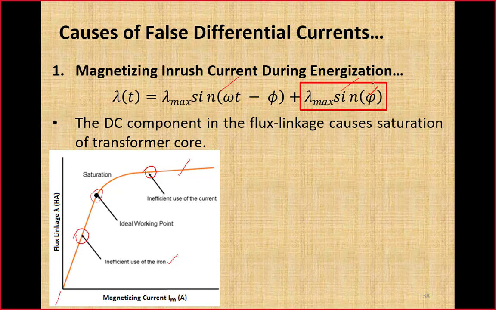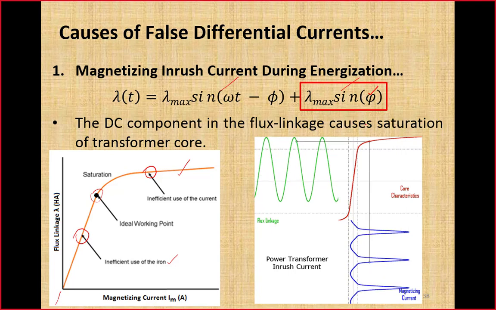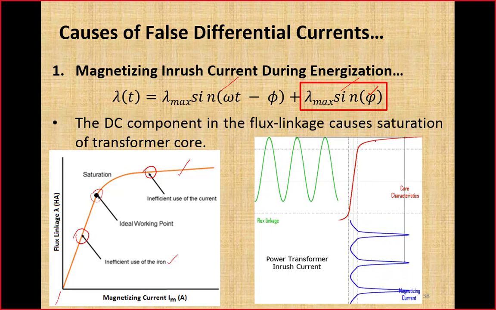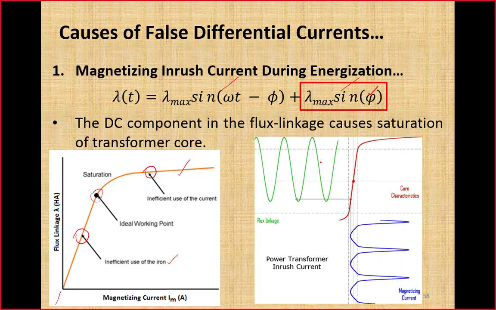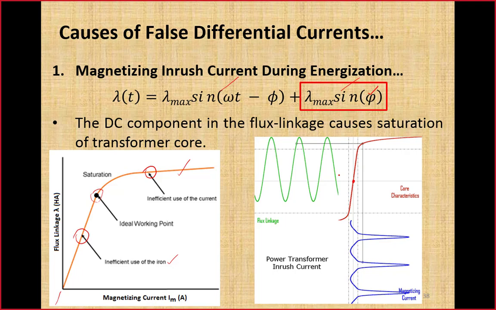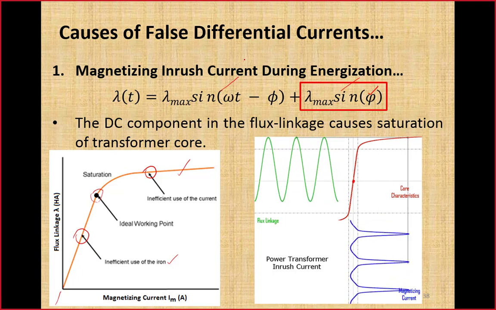Now what happens due to the saturation? Look here, this animation describes what happens to the core. Here, these brown color characteristics are for the transformer. This is a midpoint. Now this green color sinusoidal waveform is for flux linkage. That is its sinusoidal part.